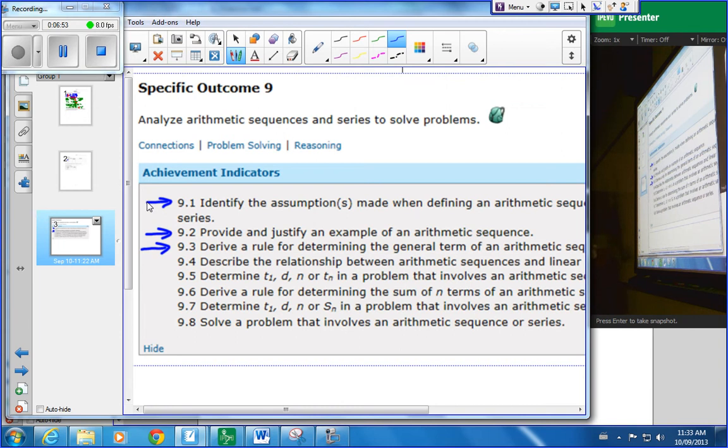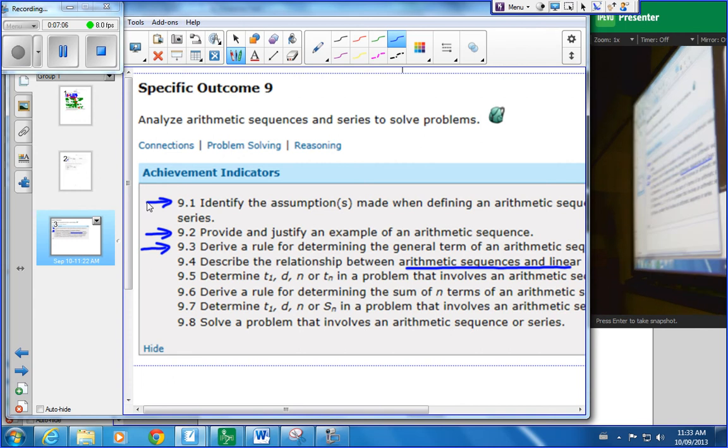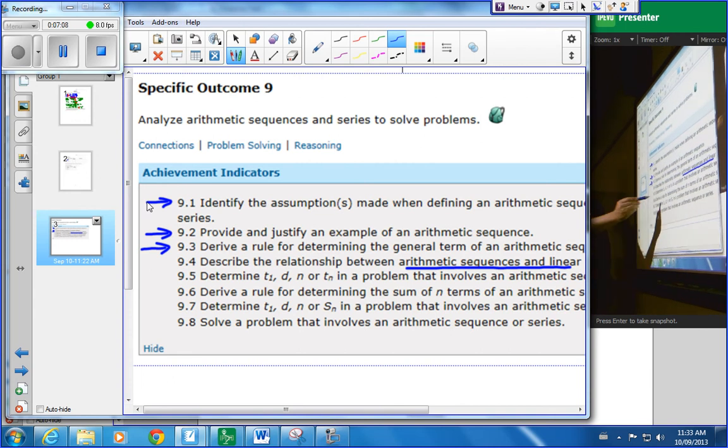And you can see from what we've talked about throughout the first 4 lessons in here, we've talked about arithmetic sequences and how they are related to linear functions. Okay? We determine T1 and d and n or Tn. We've done that. Derive a rule for determining the sum. We've already looked at sum as well.